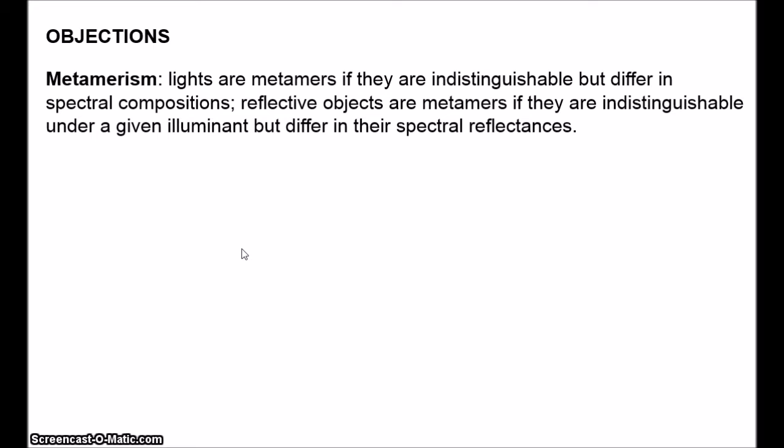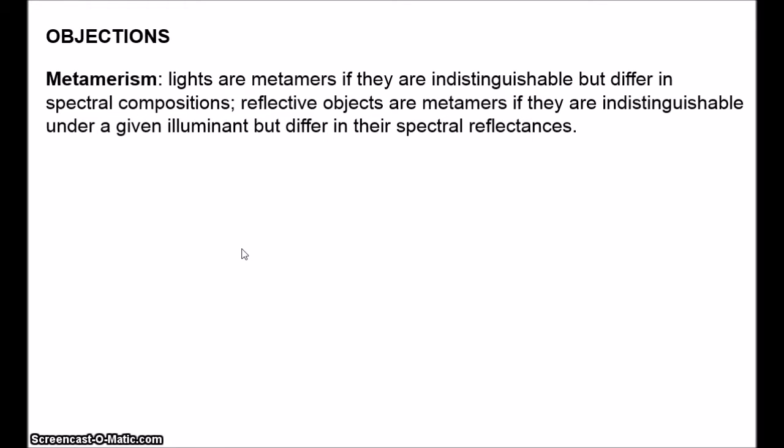So we say that coloured lights are metamers if they are perceptually indistinguishable but differ in their spectral composition. For instance, pure 577 nanometer light will appear yellow. Light that's 50% 540 nanometers and 50% 670 nanometers will be totally indistinguishable. It will appear the same yellow.